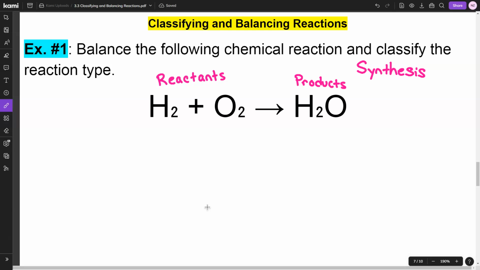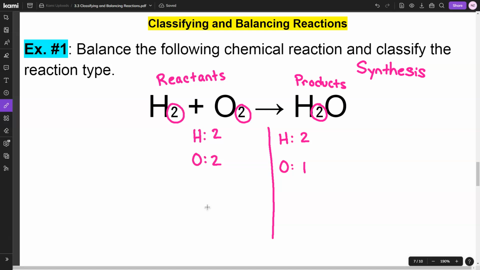Now we're going to divide our reaction in half. I do it right at the arrow, separating the reactants and the products, and I'm going to make a list of all of the different atoms we have. On the left-hand side, we have 2 hydrogens and 2 oxygens. On the right-hand side, we have 2 hydrogens. There's no number here, so that is 1 oxygen.